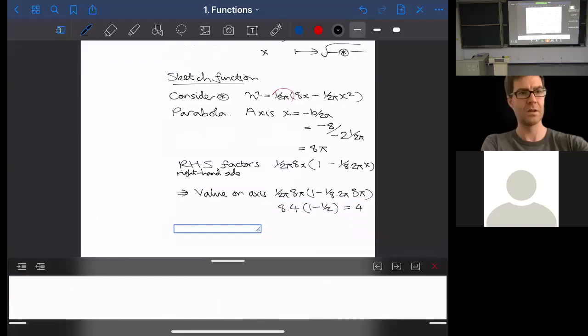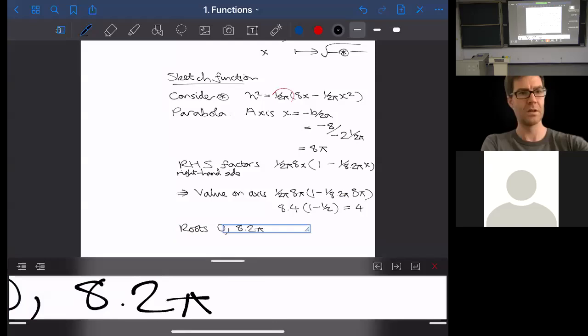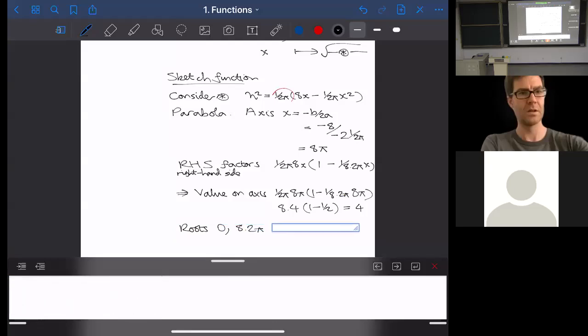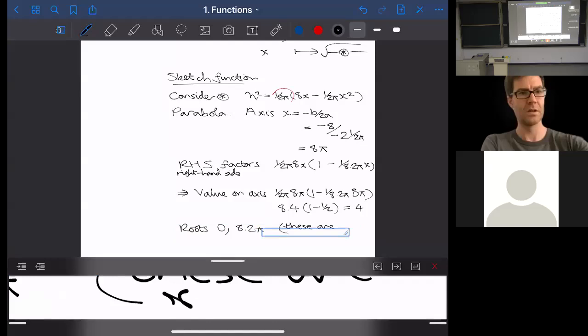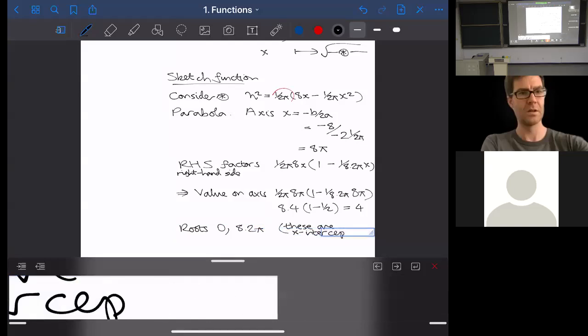And we can also see that the roots are 0 and 8 times 2 pi. And as we saw before, these are the x-intercepts of our graph.